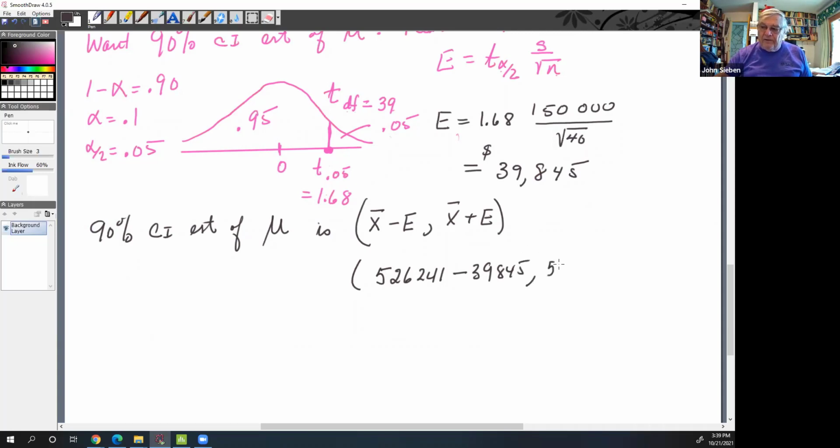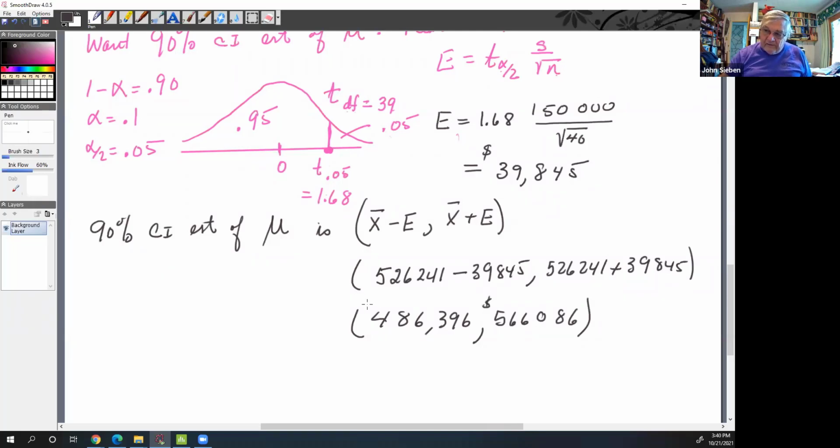The high end would be $526,241 plus $39,845. And when you do that arithmetic, it's 486,396 to 566,086. And if you want to, those are dollars.